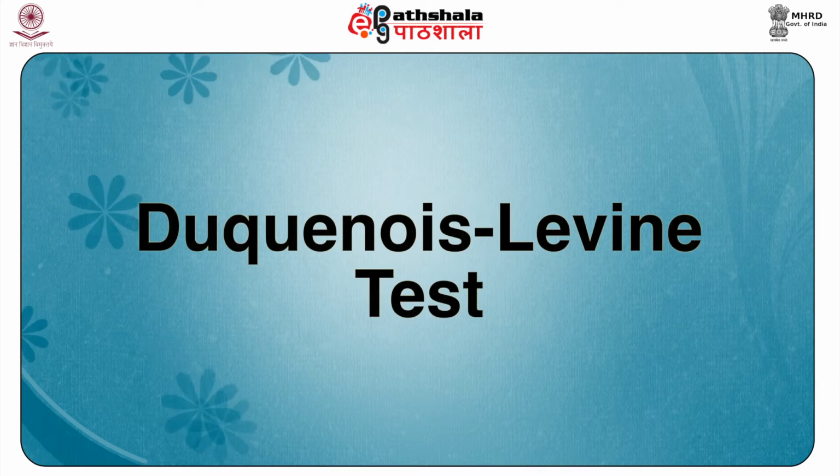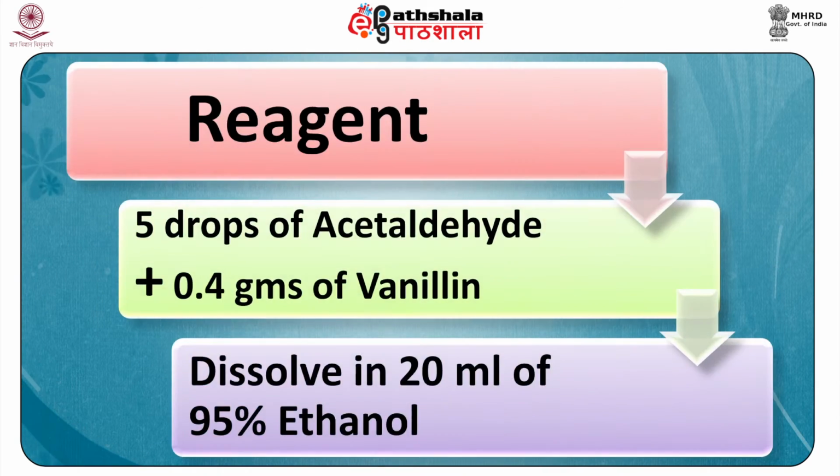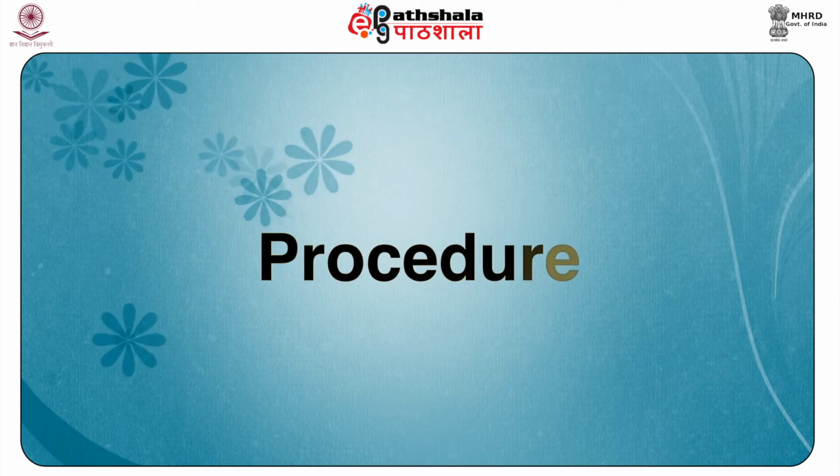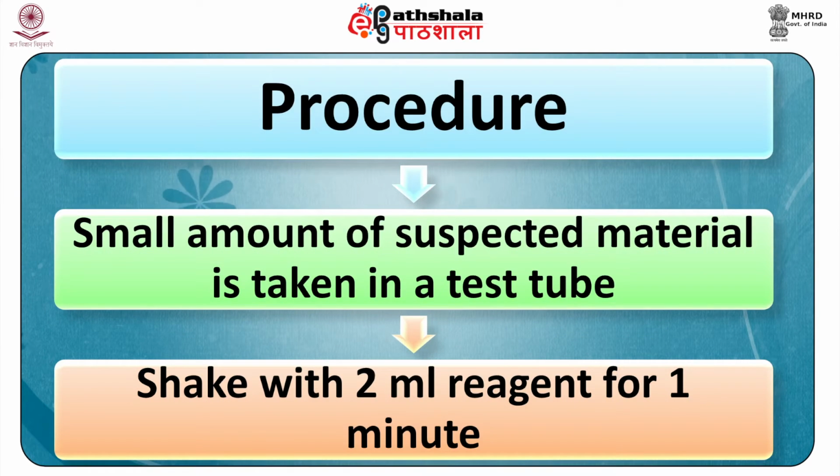Next is the Duquenois-Levine test. Preparation of reagent: 5 drops of acetaldehyde and 0.4 grams of vanillin are dissolved in 20 ml of 95% ethanol. Procedure. A small amount of suspected material is taken in a test tube and shaken with 2 ml reagent for 1 minute.